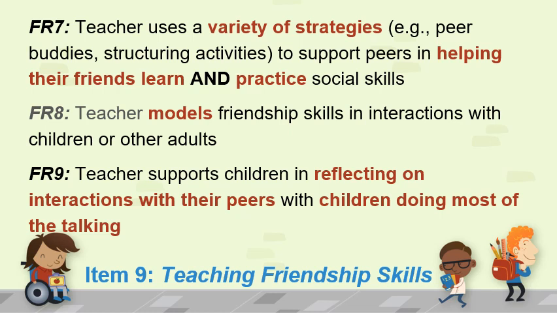You might use gestures or sign language with or without verbal ability. So if a child doesn't have the verbal ability to do this reflecting, you might use pictures, gestures or sign language to help them communicate or reflect on their friendship skills.